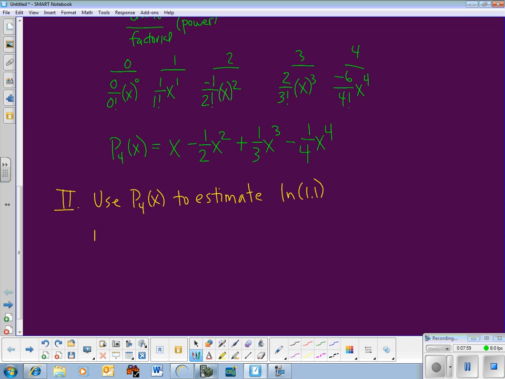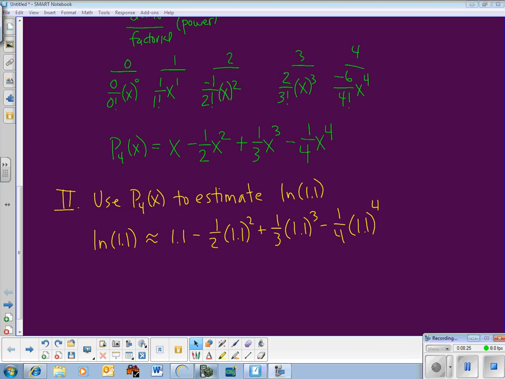So natural log of 1.1 should be pretty close to 1.1 minus a half of 1.1 squared plus a third of 1.1 cubed minus a fourth of 1.1 to the fourth. And we know that's true because natural log of x plus 1, excuse me, let me make a slight adjustment there.